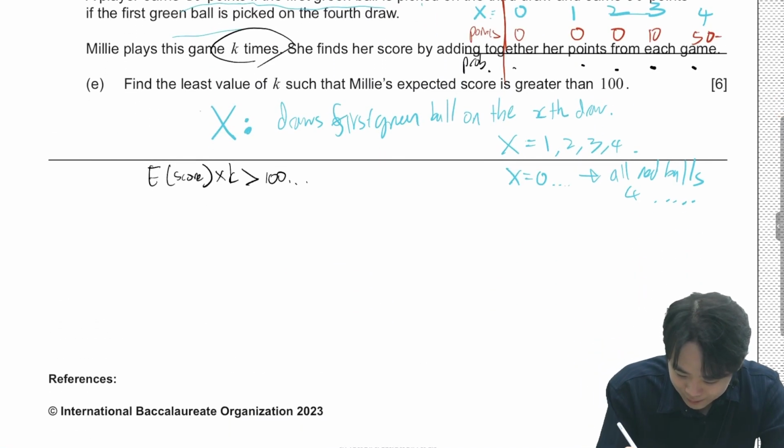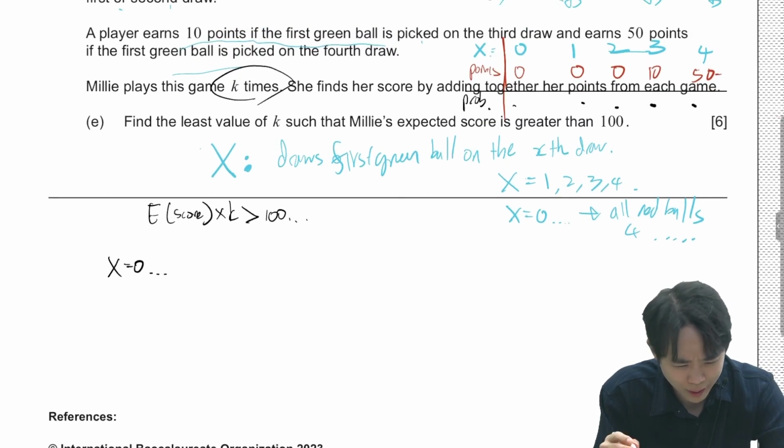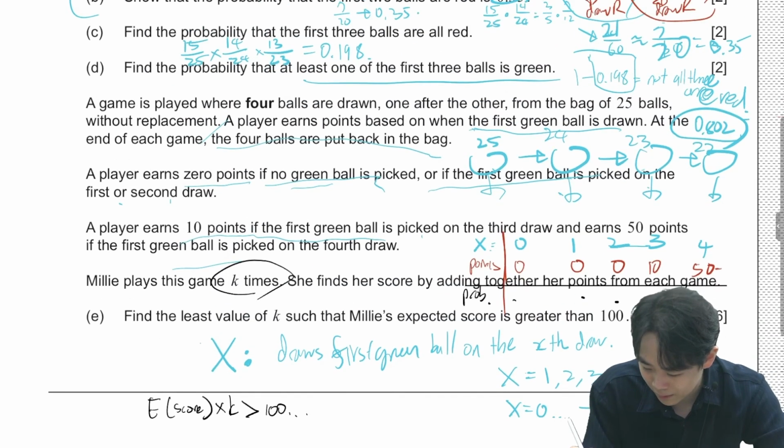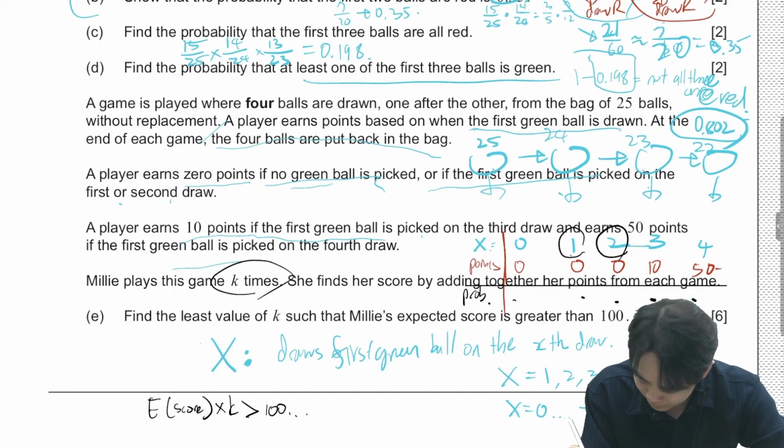Okay, so let's say we have X equals 0. Then it's basically her drawing red all the times, right? And then we'd have her drawing red on the first one, and then the green one on the second one.